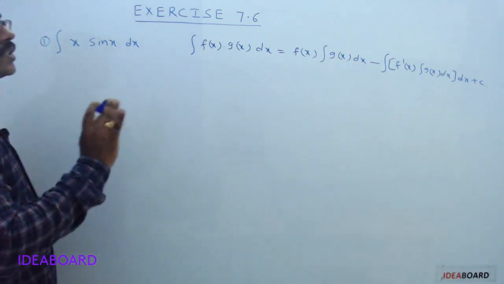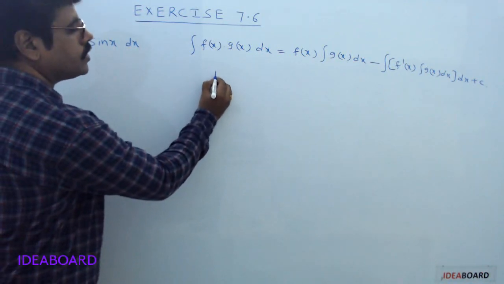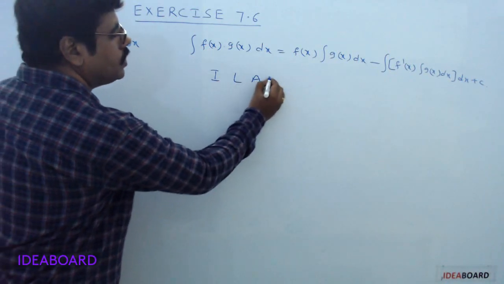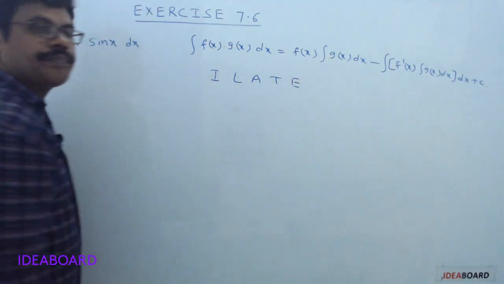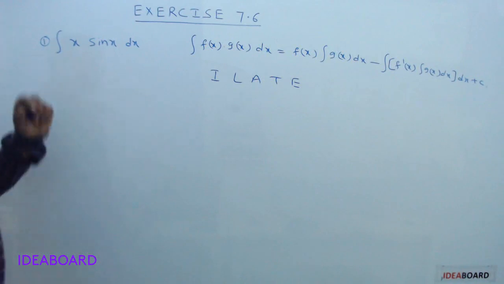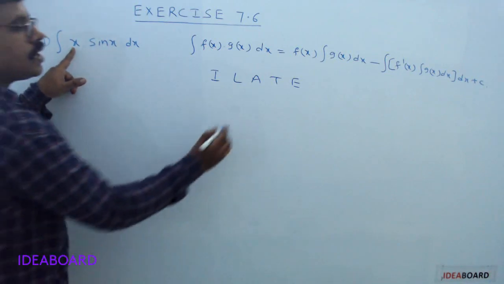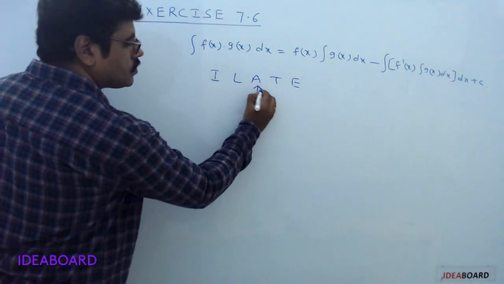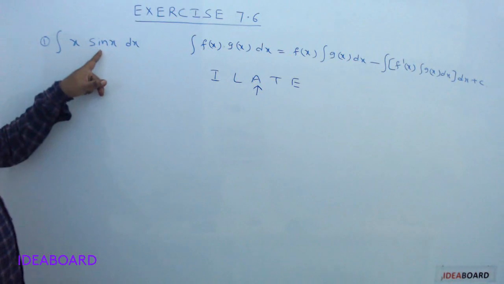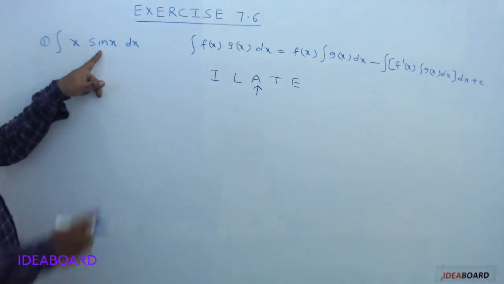For that, first you write down the word ILATE. What is the word? ILATE. Here, what type of functions are given? X is an algebraic function. Now this x comes under algebraic functions. Next, sin x. Sin x is a trigonometric function.